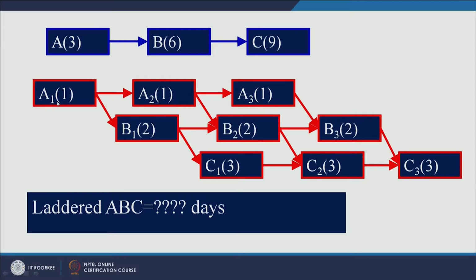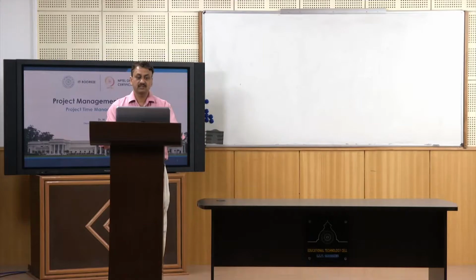Similarly you can divide activity B also as B1, B2, B3. So divide activity B whose duration is 6 days into 3 subtasks, each has got 2 days, right. So this is 2, 2 and 2, right.